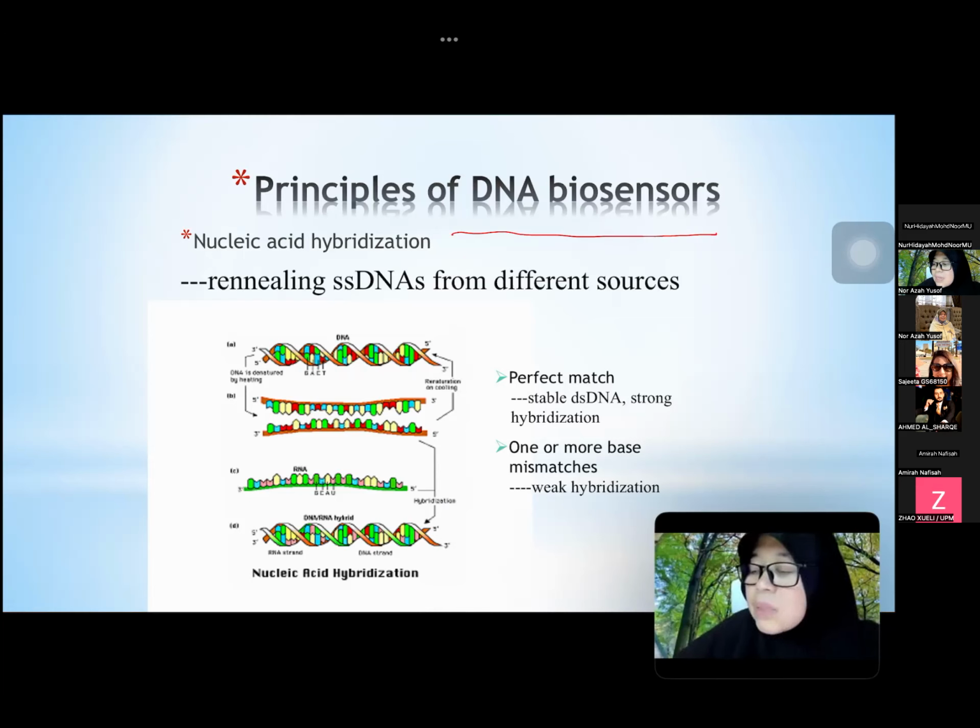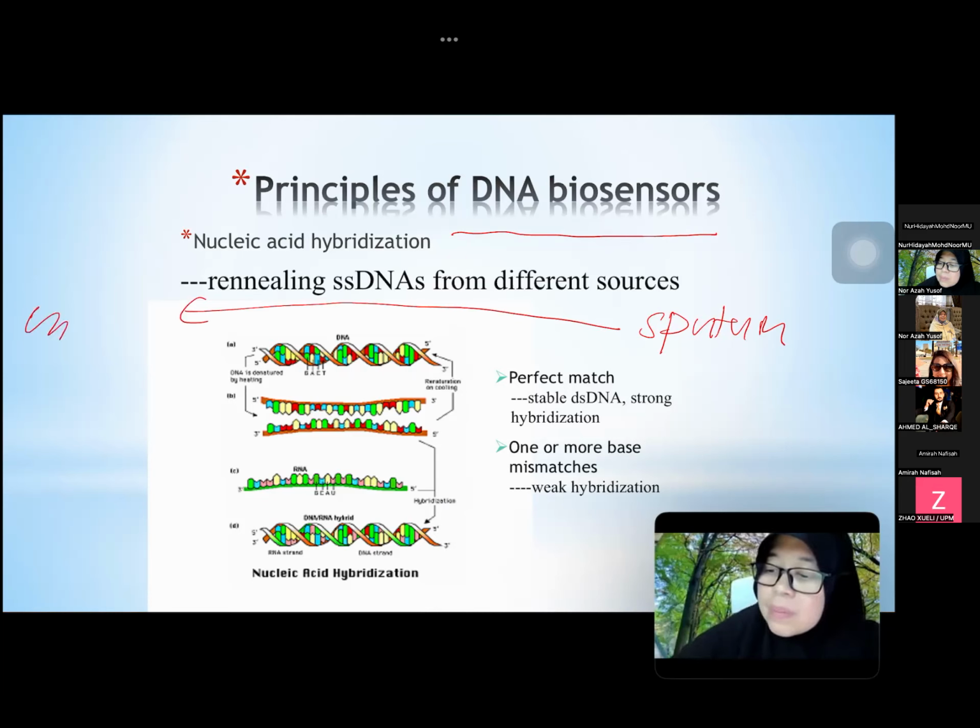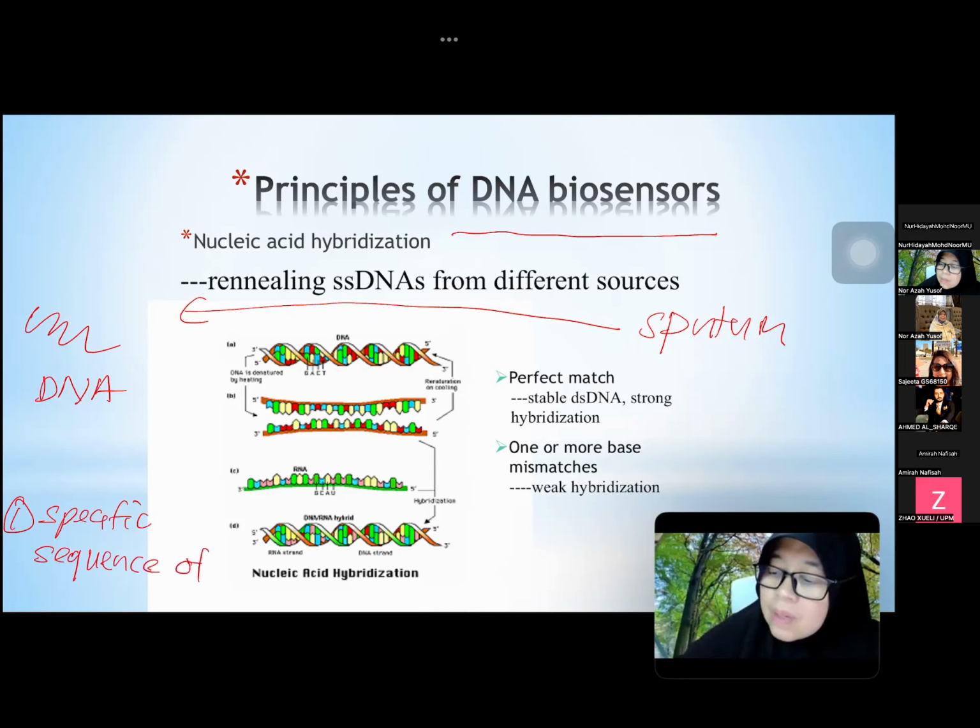So let's say my sputum is given to the hospital, and they will extract from my sputum a sequence of DNA, and they already have what we call a specific sequence of Mycobacterium tuberculosis. I don't want to write Mycobacterium tuberculosis here. Yeah, I'm giving you the real example.